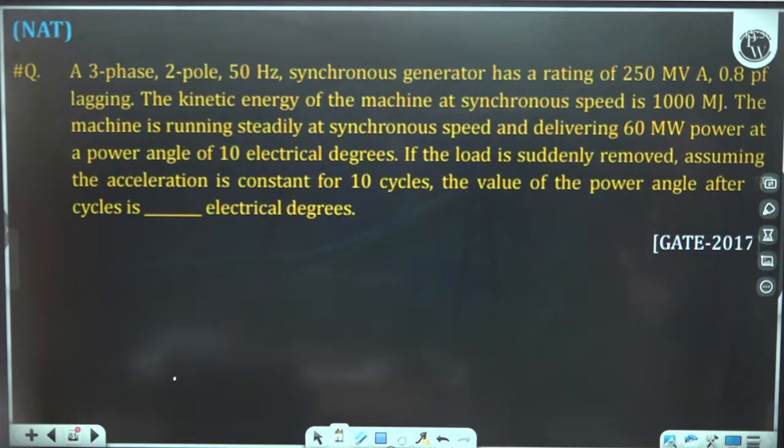The kinetic energy at the synchronous speed is 1000 megajoule. The machine is running steadily at the synchronous speed and delivering 60 megawatt power at the power angle of 10 electrical degree. If load is suddenly removed, assuming that the acceleration is continued for the 10th cycle, what is the power angle after 5 cycle?